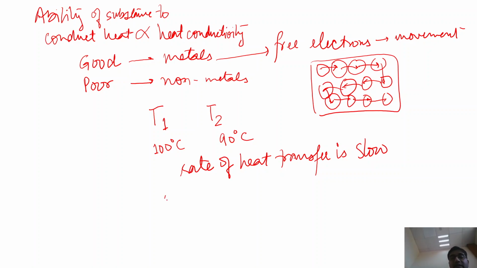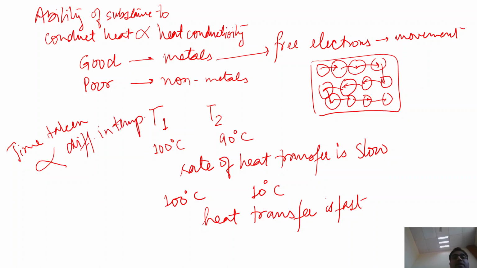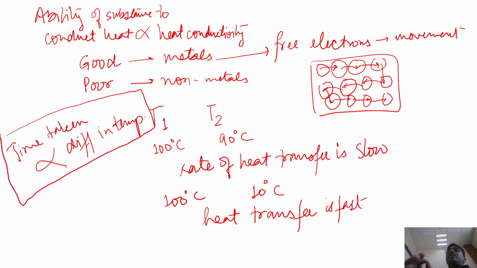But if T1 is 100 and T2 is 10 degrees Celsius, when the difference is large, the rate of heat transfer will be very fast. So the time taken for heat transfer is proportional to the difference in temperature. If the temperature difference is high, heat transfer will be fast. If the temperature difference is less, heat transfer will be slow.